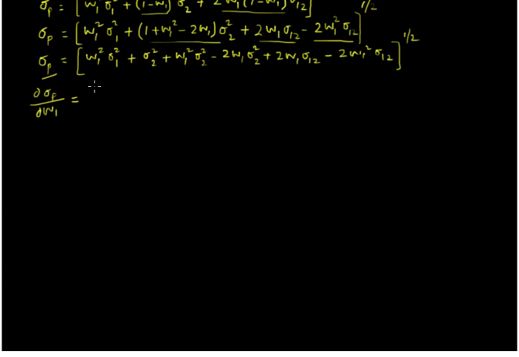So we are going to write here 1 over 2 times the inside function, which is going to be written as it is.